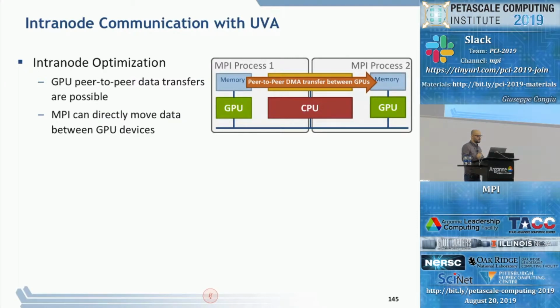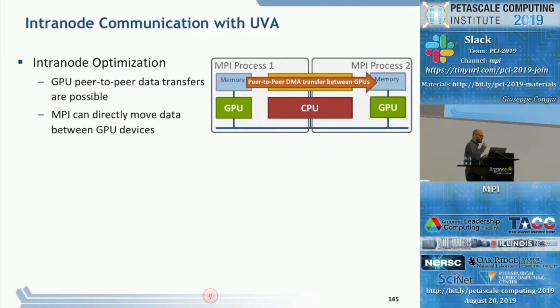The host might still be involved for transferring the memory handle, because let's say you have two MPI processes that are using two different GPUs in the same node, and you want to transfer the data from the GPU managed by one process to the GPU managed by the other process.